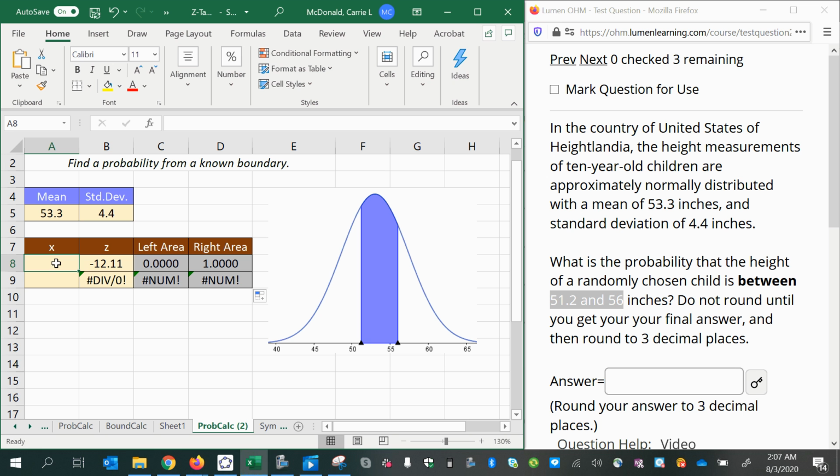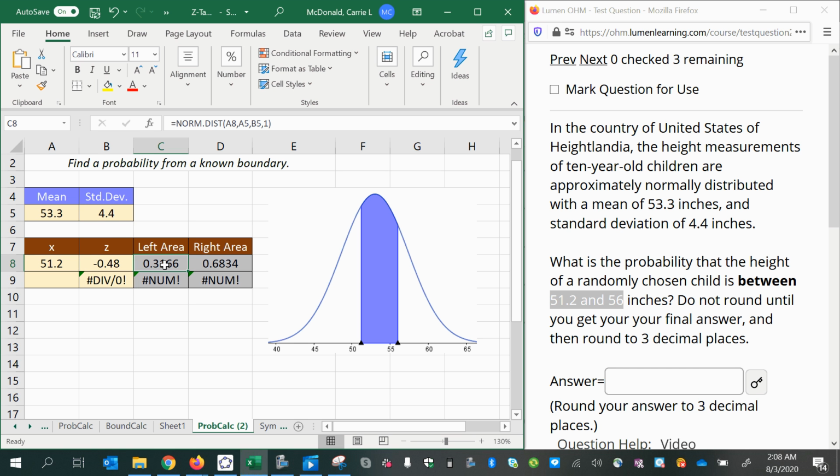So the first x value is 51.2, and that has a z-score of this x value minus this mean, and you can make that an absolute reference, divided by the standard deviation, make that an absolute reference also.